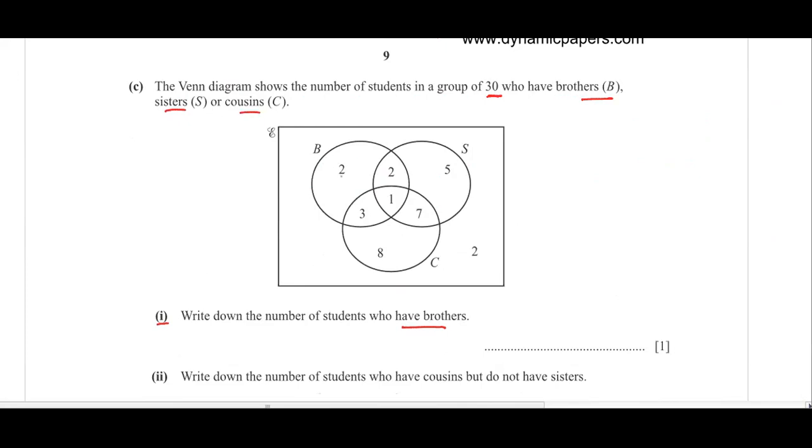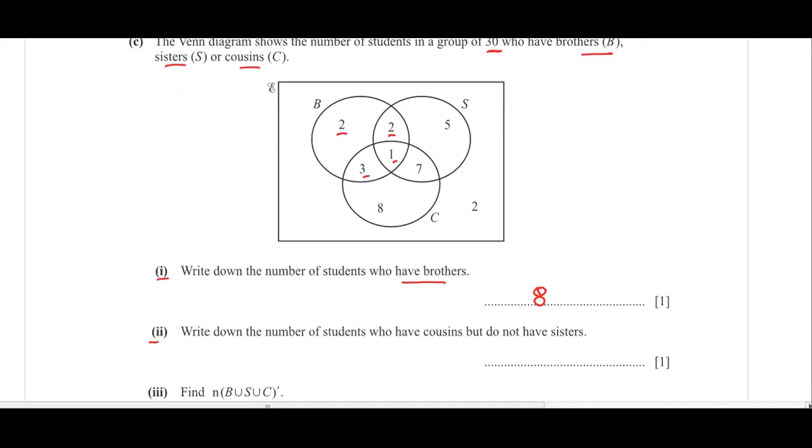The total number of students having brothers means you will consider the set B. How many students are inside the circle B? Counting, 2 plus 2 is 4, plus 1 is 5, plus 3 is 8. So there are 8 students who have brothers.